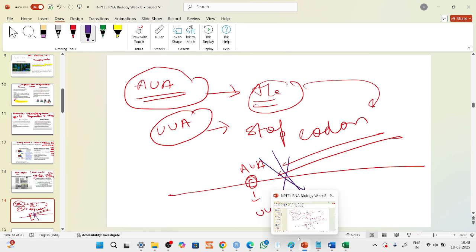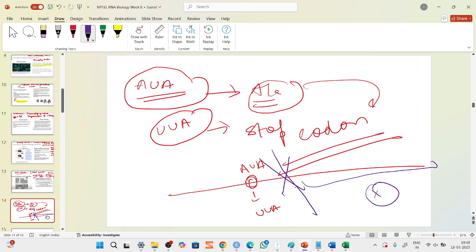This particular area which has to be synthesized will not be synthesized. So the protein which is formed is an incorrect protein because it is not completely formed, and since it is an incorrect protein, it will not show the proper folding also. So these are the two types of mutations which are important to understand.